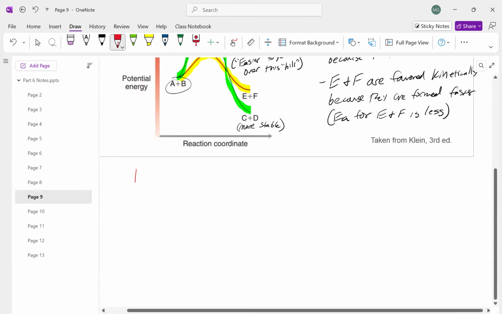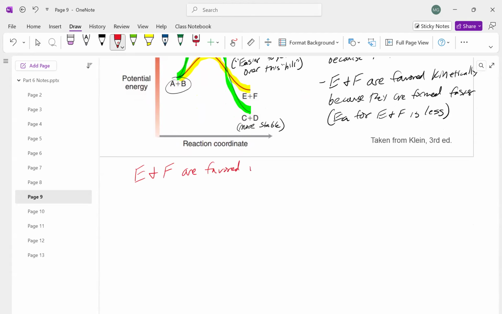So let's summarize that. E and F are favored with low temperatures and short reaction times. That's called kinetic control. We're controlling the outcome of the reaction by controlling the kinetics.